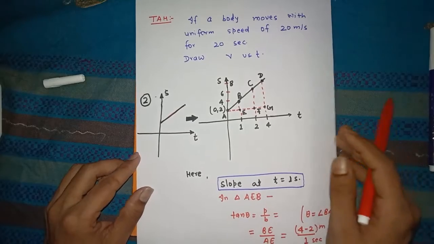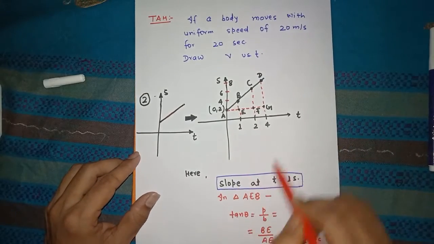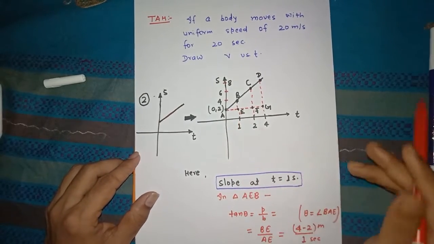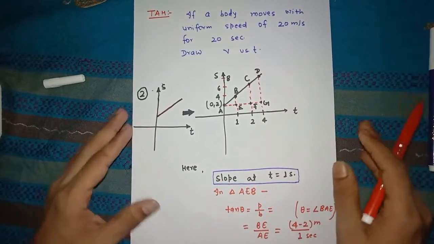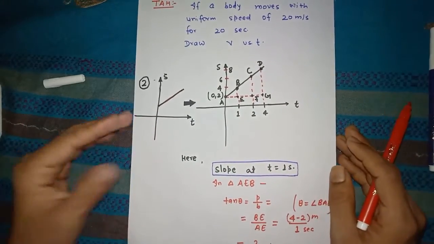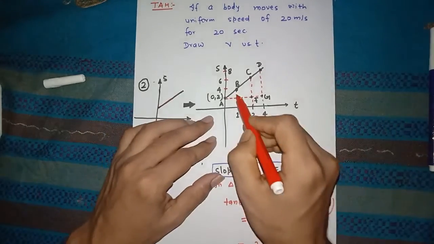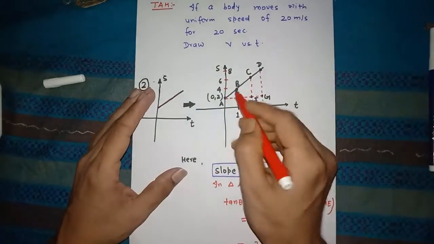If I want to find the slope at 1 second, how can you find it? To evaluate the slope at a particular instant of time, we must draw a right angle triangle. First I have drawn the right angle triangle.